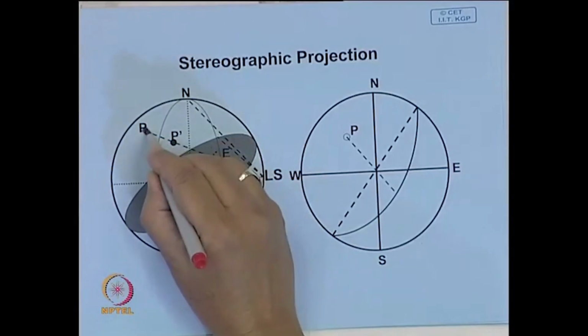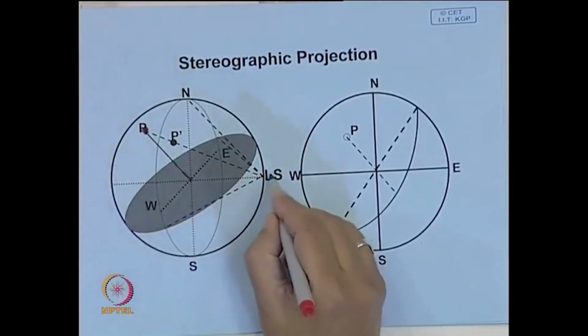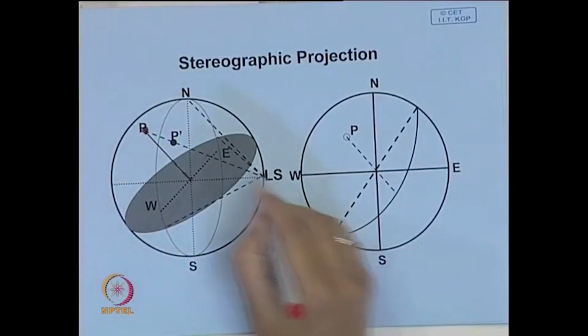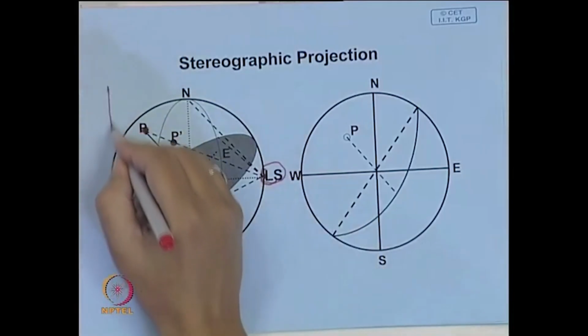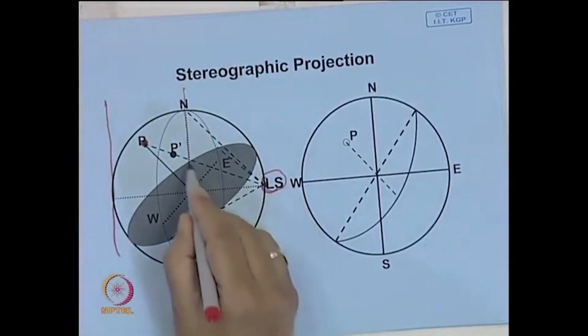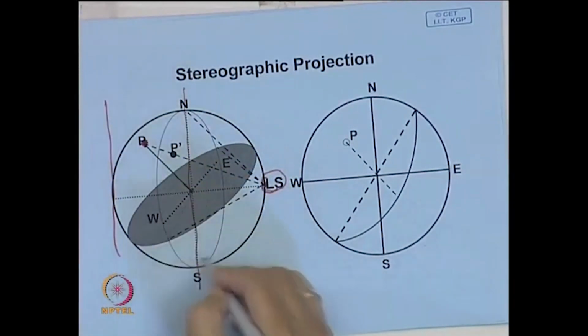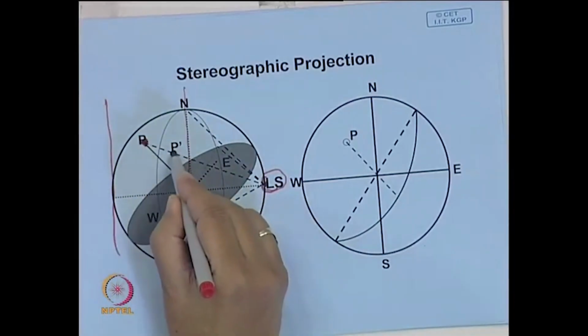Let us say it intersects at point P. Now, you put a light source here and look at this point from this particular point. You put a projection plane here, and you join this with this, and it will intersect the projection plane.